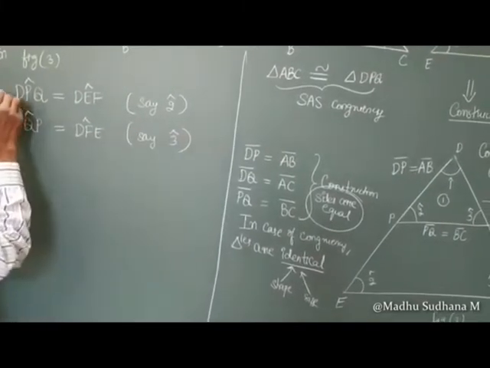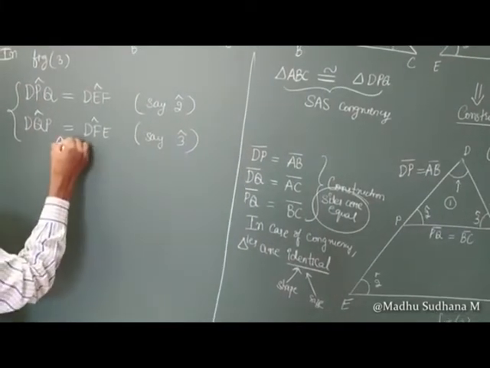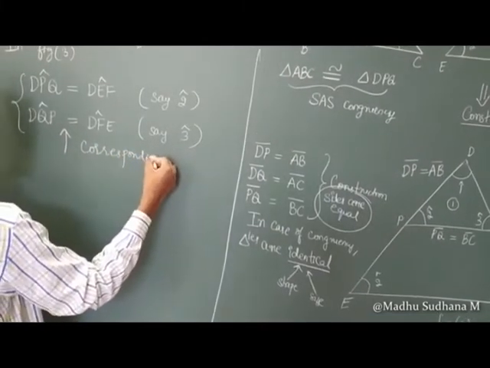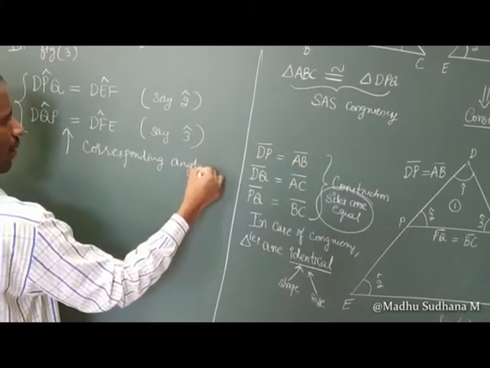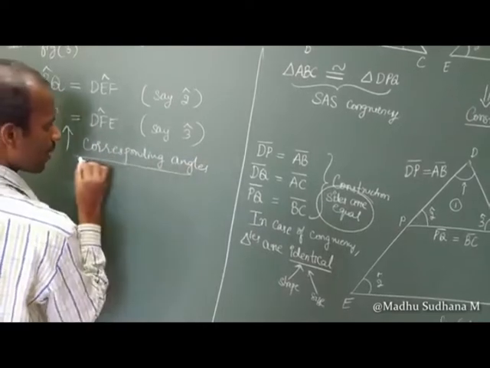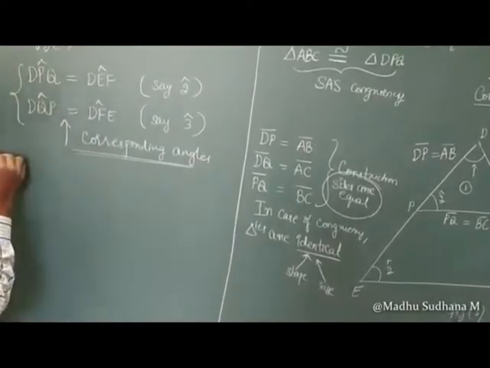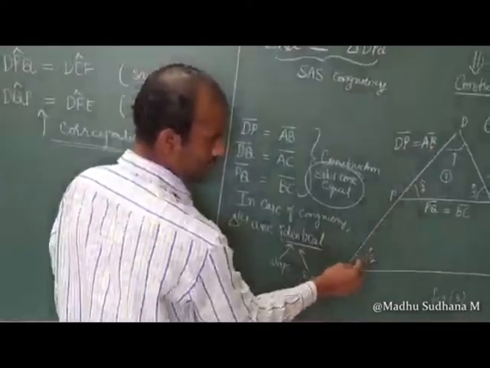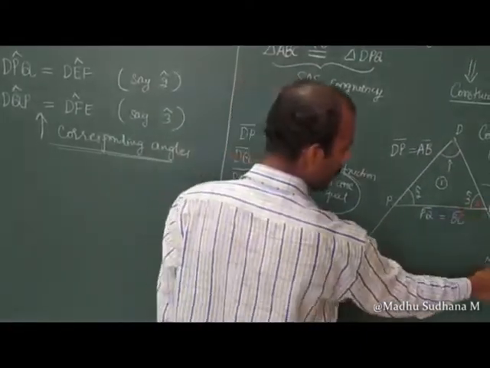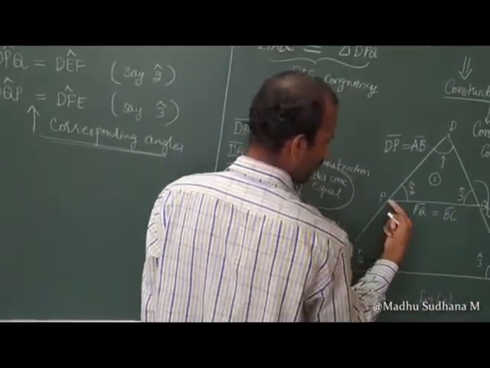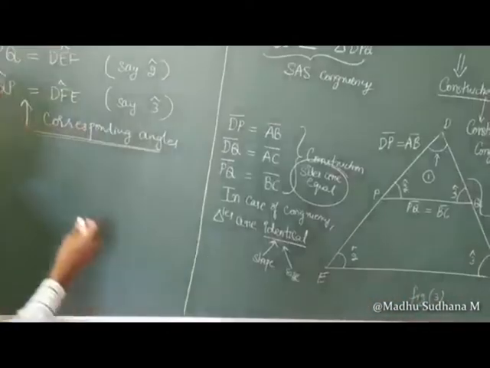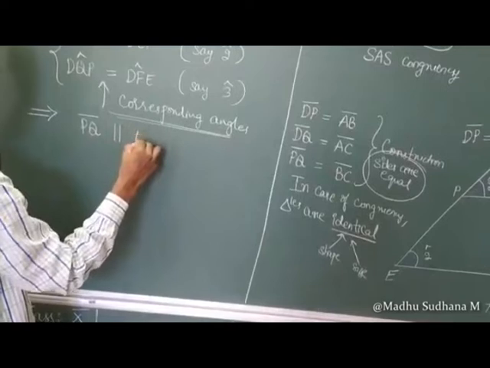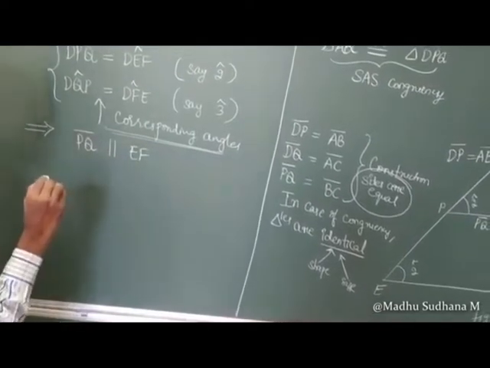So these both angles are what? These both angles are corresponding angles. When we compare that, these are corresponding angles. So corresponding angles come into picture. So this implies that, please understand, this angle is equal to this angle. This angle is equal to this angle. So we can conclude that PQ is parallel to EF, right? We can say that PQ is parallel to EF. Followed it, children?